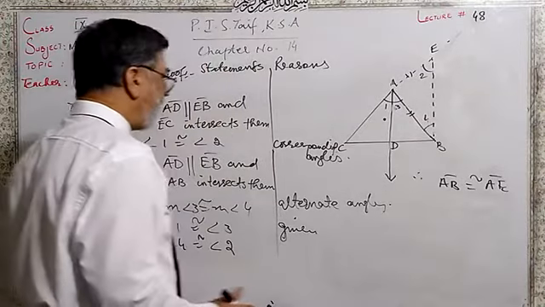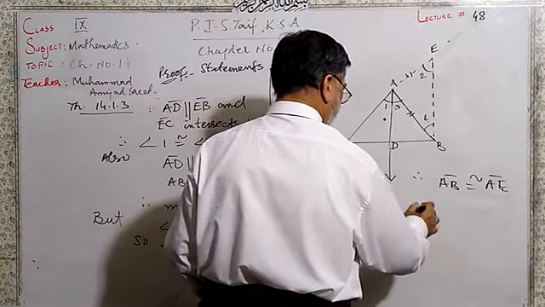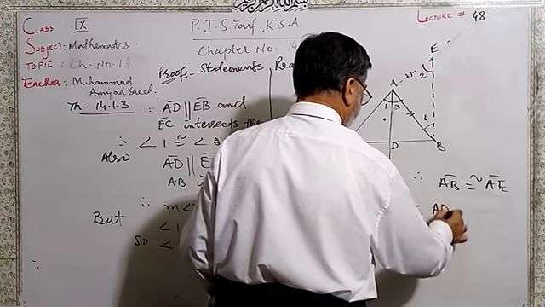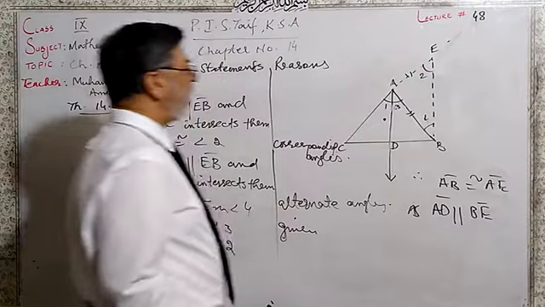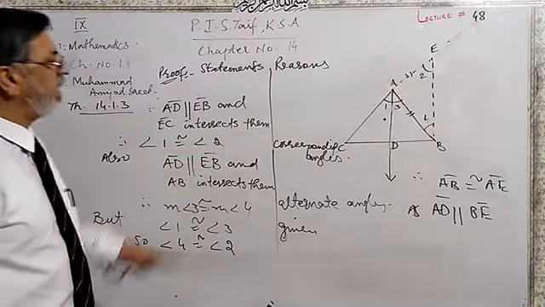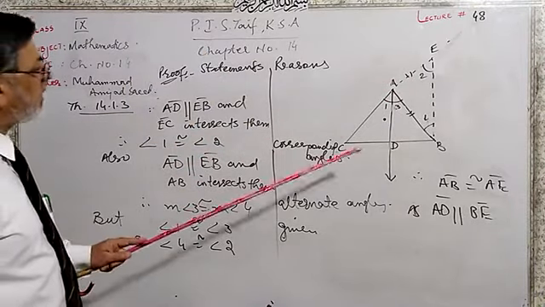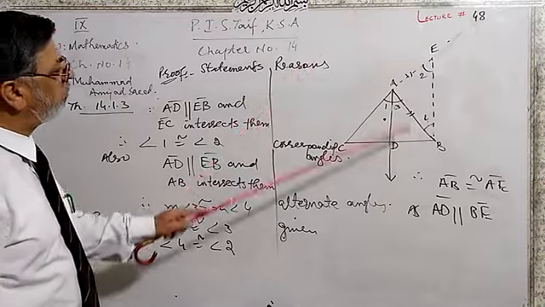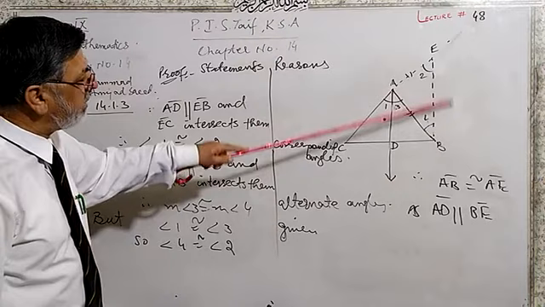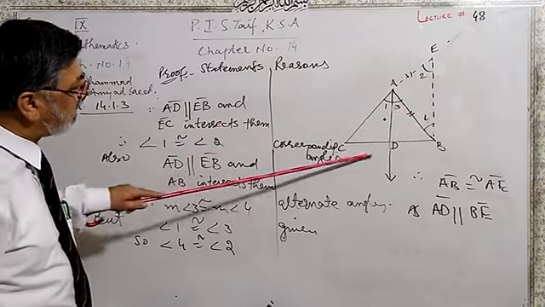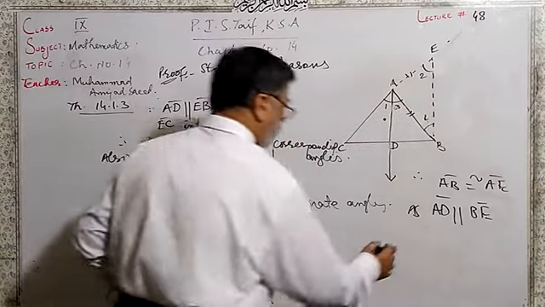So, again, you know that as AD is parallel to BE, therefore, according to theorem number 14.1, if AD is parallel to BE, then the ratio of the sides will be same.